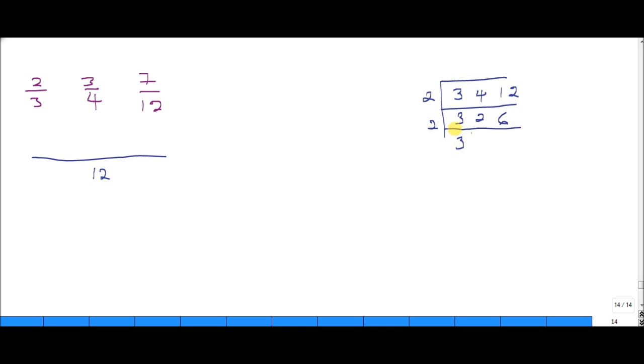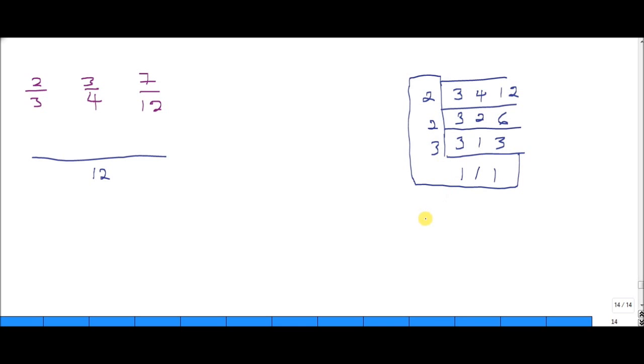Same scenario with the 3, 2 into 2 1 time, 2 into 6 goes 3 times. Now I move to 3. 3 can go into 3 1 time. 3 couldn't go into 1 without leaving a remainder, and 3 into 3 1.